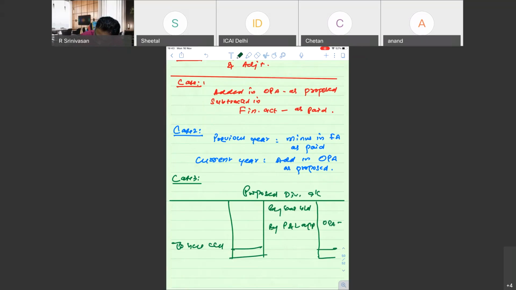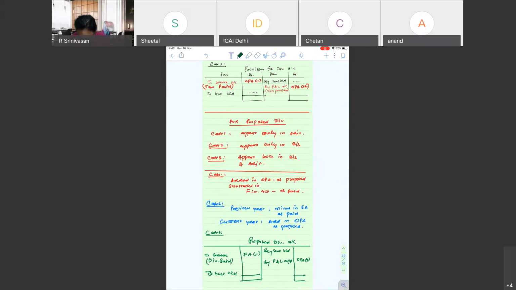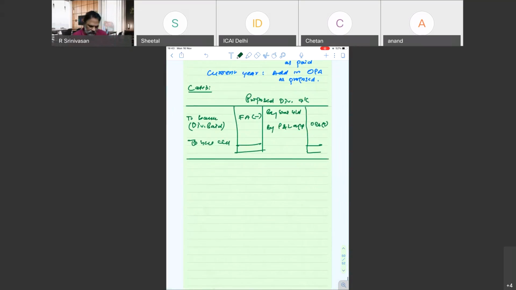Operating activities add. To bank, dividend paid. Financing activities minus. You see, the same thing will be there here also. Okay, so this is the way we have to do in case of this one. Let us go for the problem here.